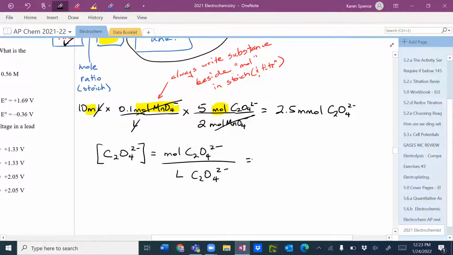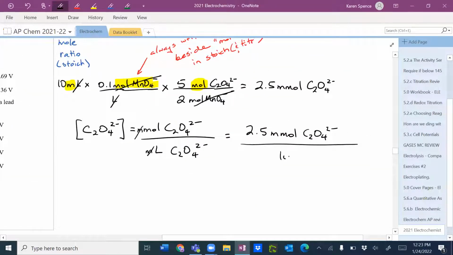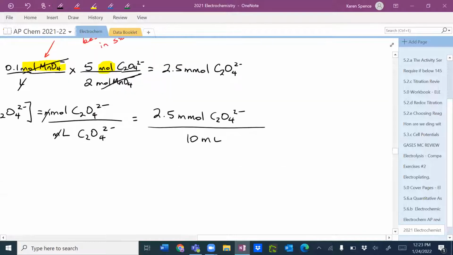So we have millimoles over milliliters. Look at that, because my millis will cancel out. So I'm going to take my 2.5 millimoles of C2O4 2 minus divided by my milliliters, which was 10 milliliters. And you get 2.5 divided by 10 is 0.25 molar C2O4 2 minus.